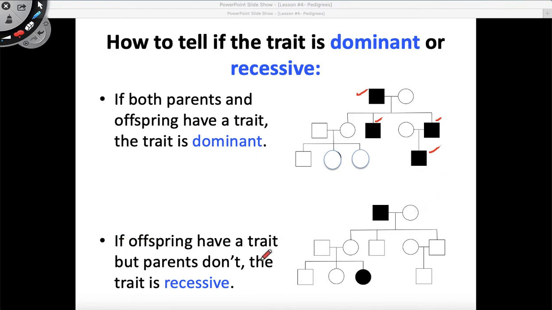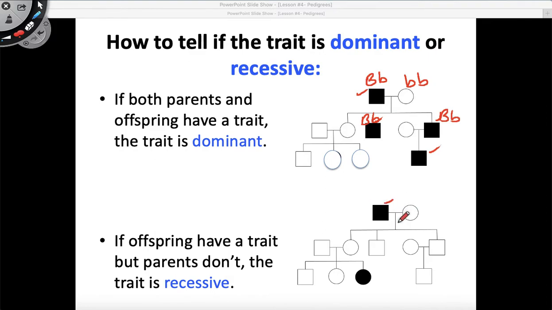If the offspring has a trait but the parents don't, then we consider that trait to be recessive. So here we have the parents who have the condition, but then notice that the kids here do not. So in this particular case, for example, this parent might be big B, little b. This parent might be little b. And then the kids here who also have the condition might also be big B, little b.